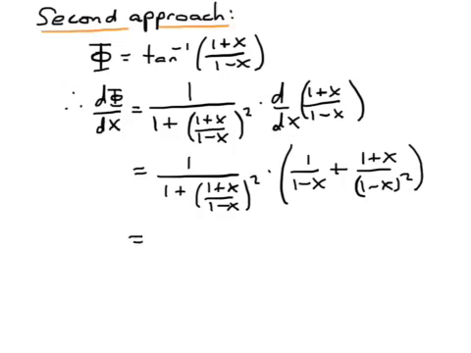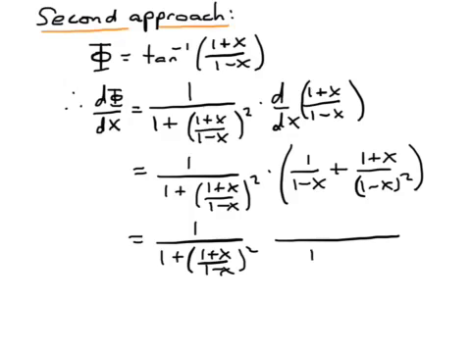We put this on a common denominator, 1 plus x over 1 minus x squared in front, and then here we have 1 minus x all squared, and on the top we have 1 minus x plus 1 plus x. So we see that the x factors here are irrelevant and cancel.